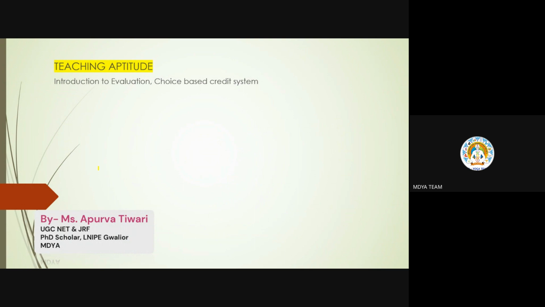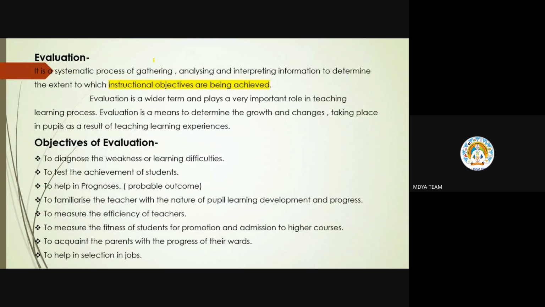So in today's class, we will study about evaluation. This is the last topic in the syllabus, evaluation and choice-based credit system. What is evaluation?